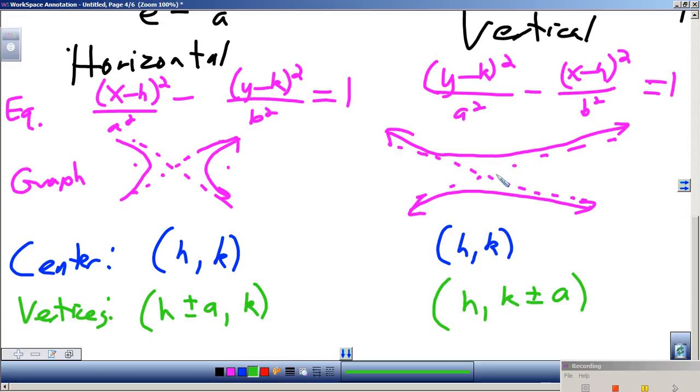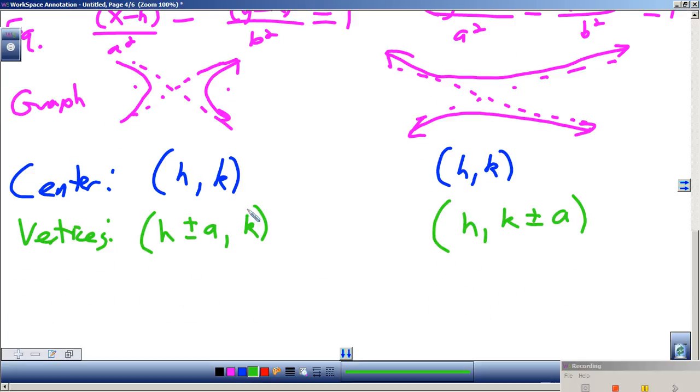So remember, a is still the distance here from your center to your vertex. It does not actually come into play with these, any of them.